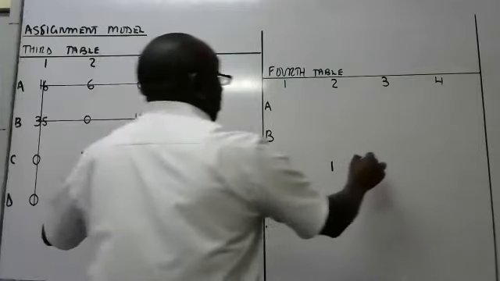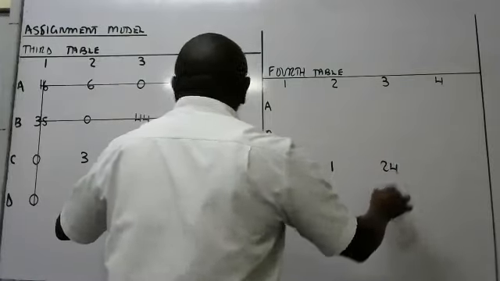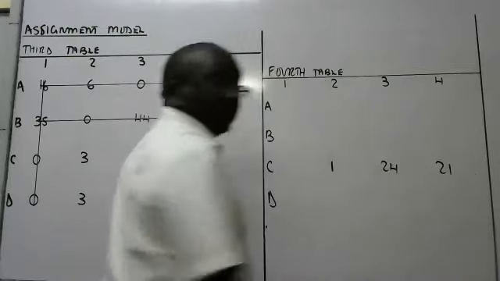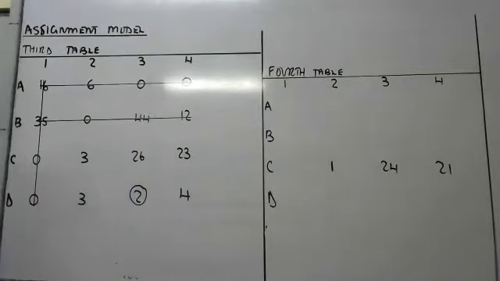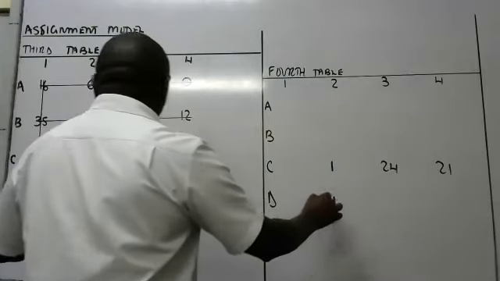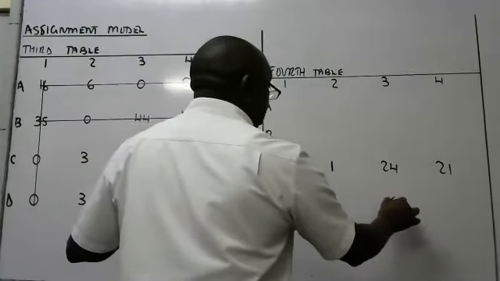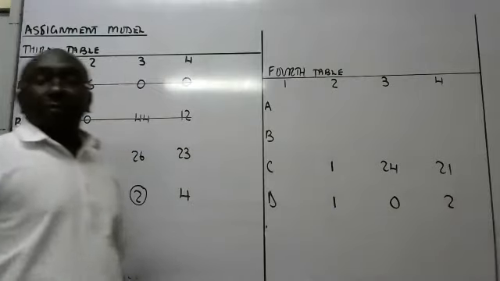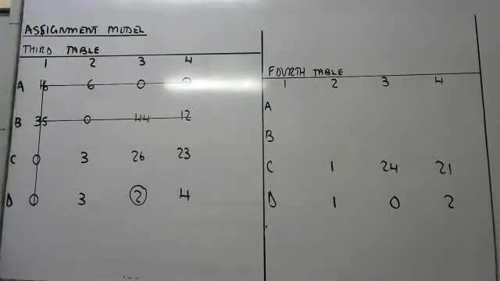This gives us 24. And this gives us what? 21. Then this one, you subtract, you get what? 1. Here you get what? 0. And here you get what? 2. That's the second thing.